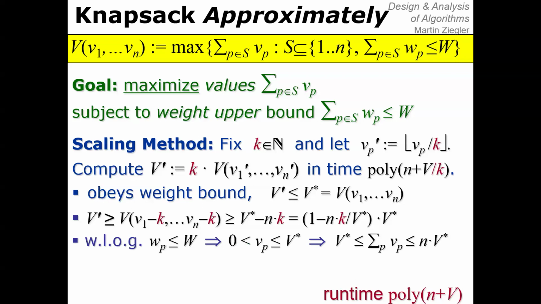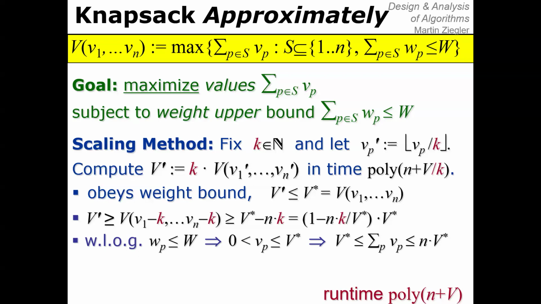Remember, we still get to choose k. Earlier I said k is equal to 1,000, but we can choose k, right? This is where the trade-off comes in. And how are we going to choose k? We're going to choose k depending on how small we know that V star is.